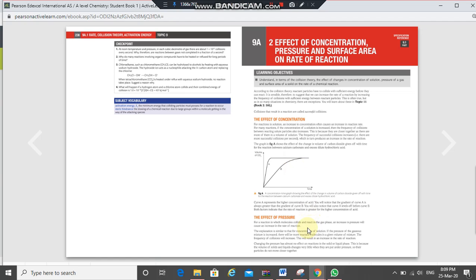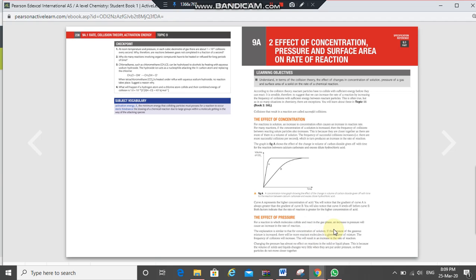Now we will go to the next factor. It's the effect of pressure, and we study that factor in the gas phase, when we have reactants in the gaseous phase. Why?